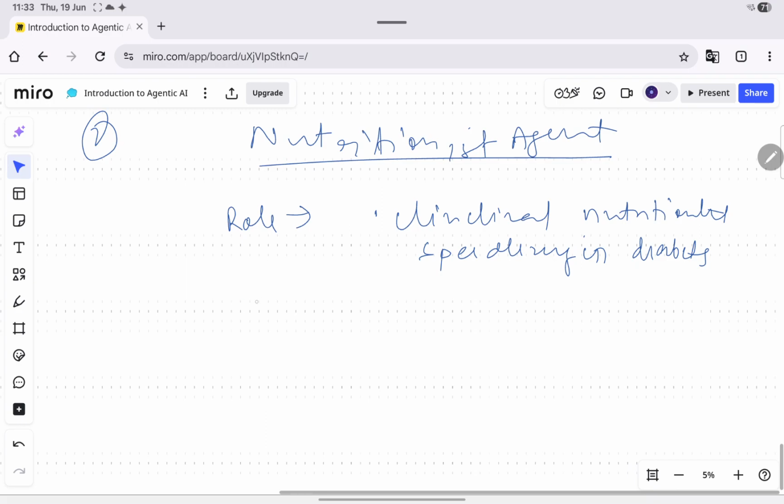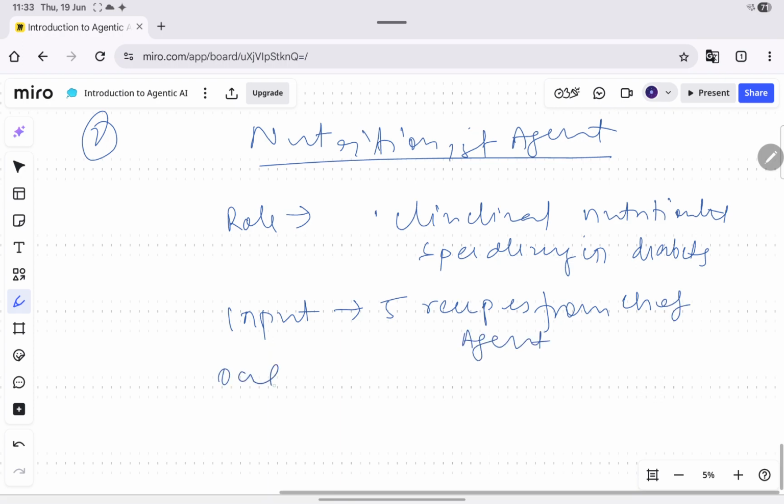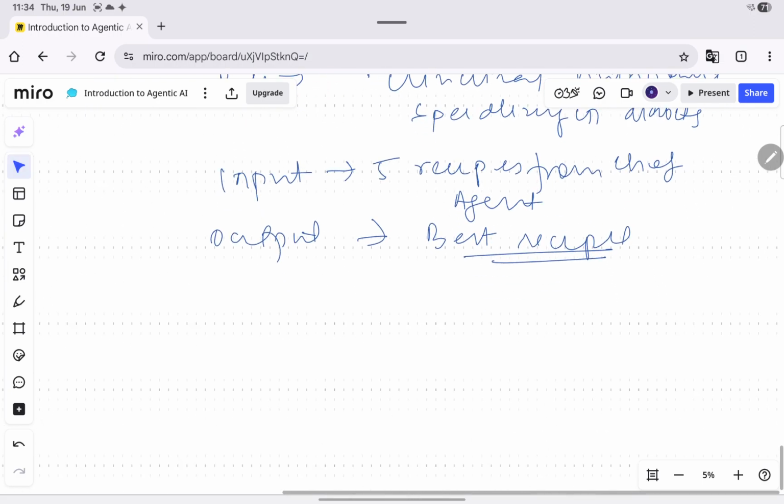This is the role, and the input is the 5 recipes given by the chef agent, and the output is the best recipe recommendation for diabetic patients.